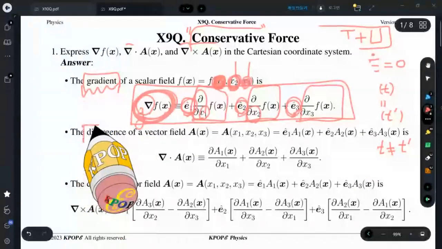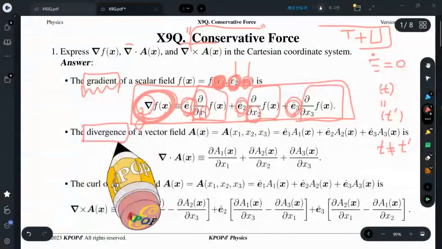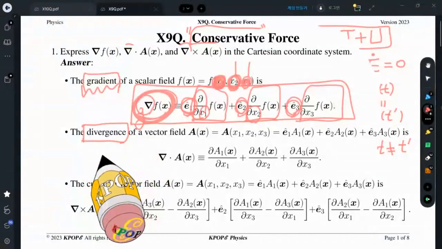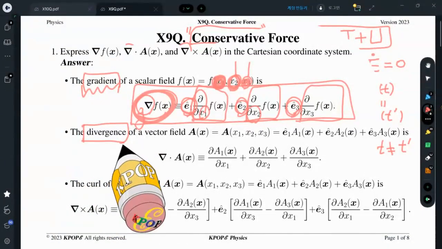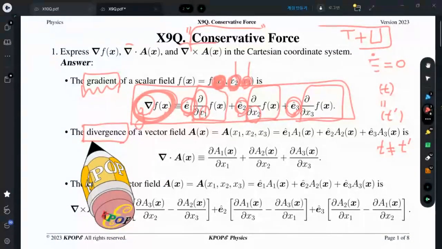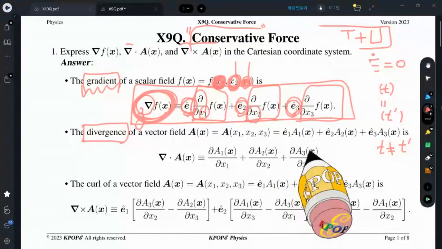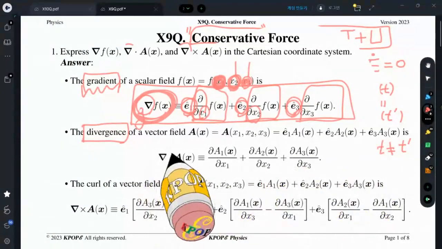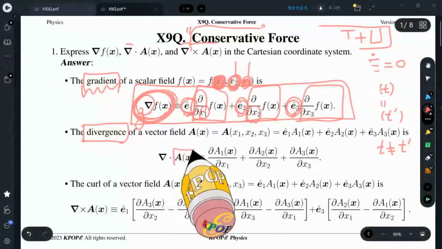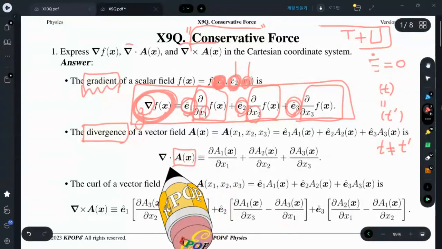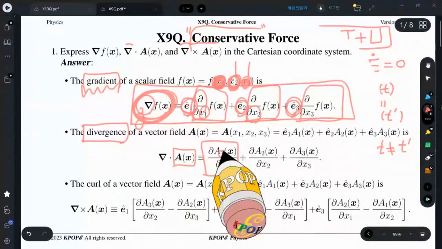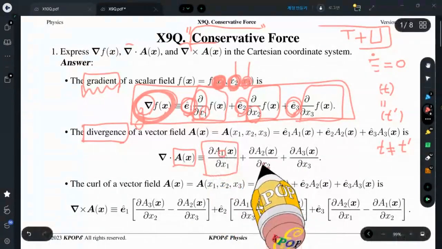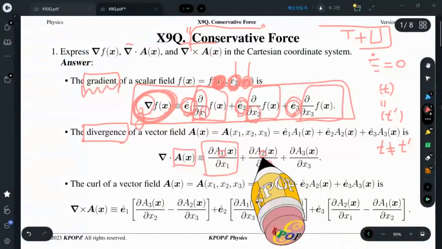Next, we have to memorize what the divergence is. Later, you will study the physical meaning of the divergence, but let's just memorize the definition. The divergence of a vector field A is the x derivative of the first component, the y derivative of the second component, and the z derivative of the third.